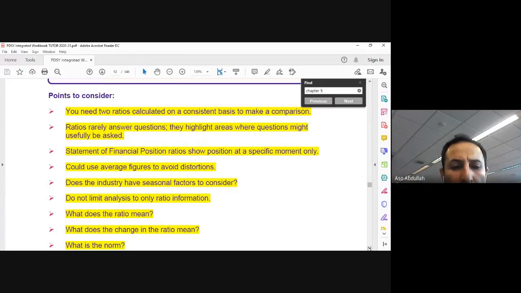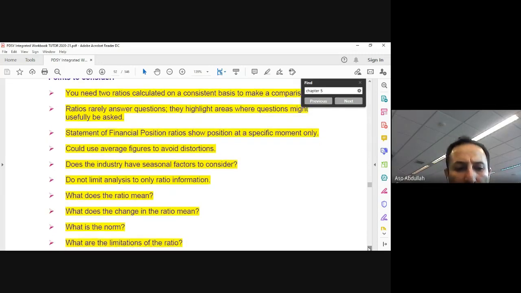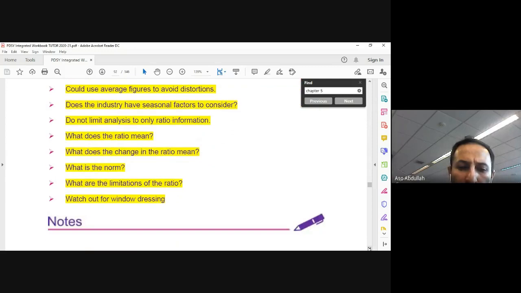For example, you look at the revenue and the cost of revenue, cost of goods sold. If the figure is not great, it means your cost of goods sold has increased. That's why it is affecting your gross profit. In this way, you need to interpret the outcome.